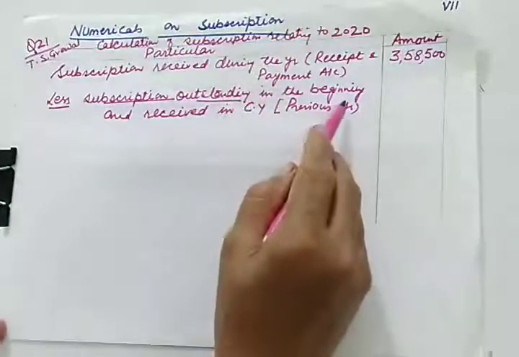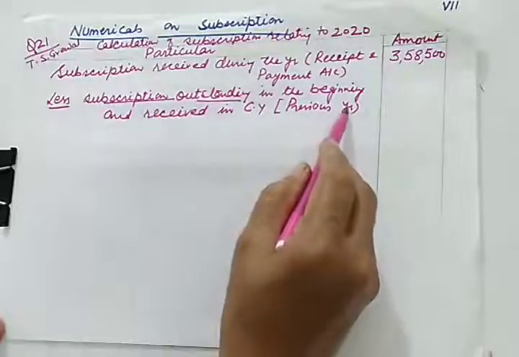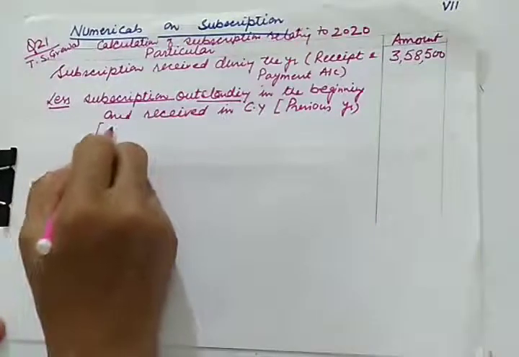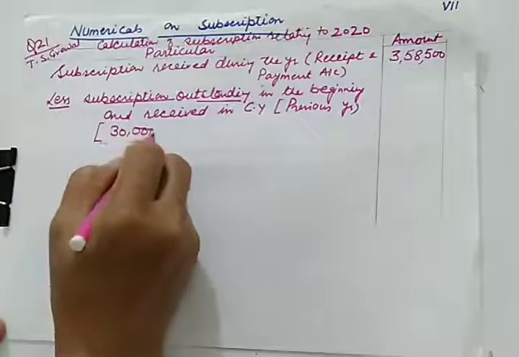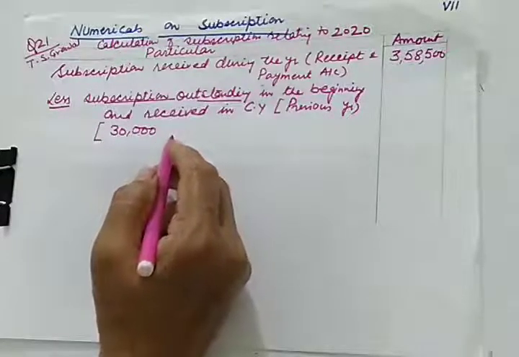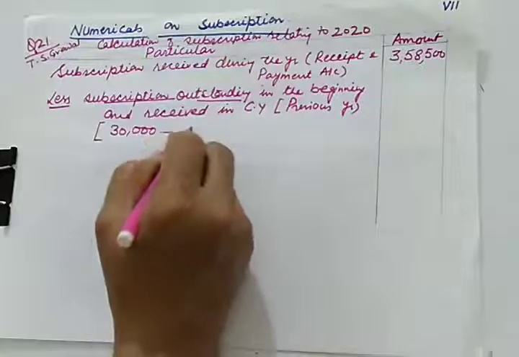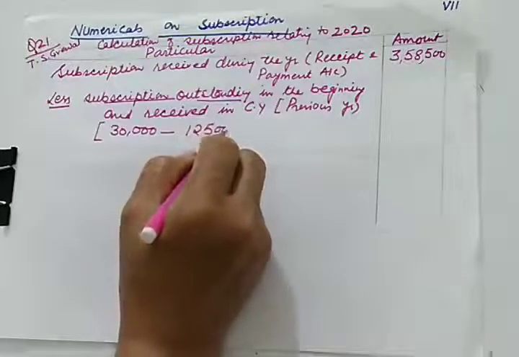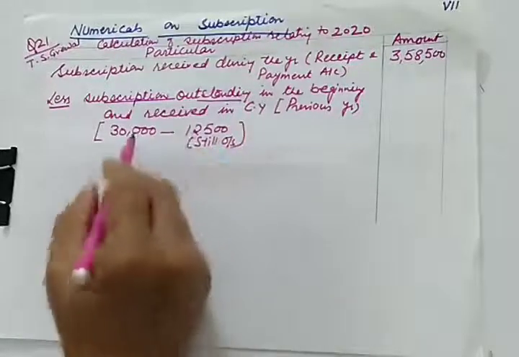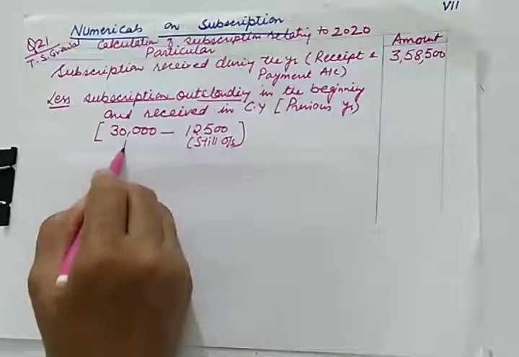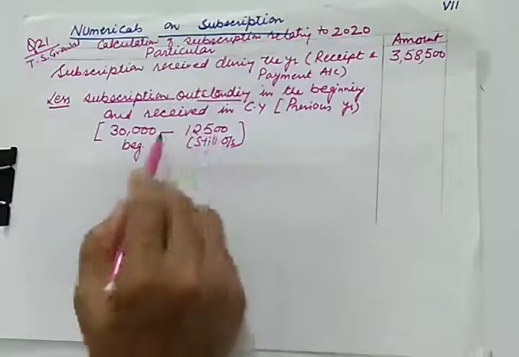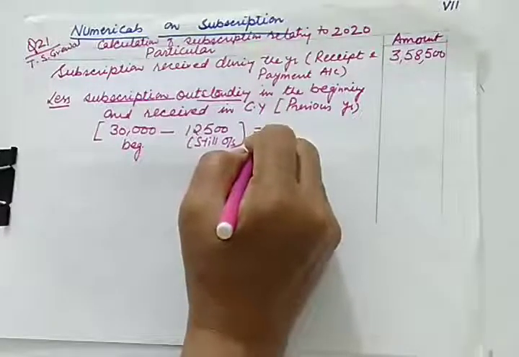So the previous year's full outstanding will not be deducted. I am repeating, only that part is deducted which is received in current year. According to this, full outstanding is 30,000, out of which it is clearly mentioned that 12,500 is still outstanding. If 30,000 was outstanding in the beginning and 12,500 is still outstanding, you can easily guess how much is received during the year.